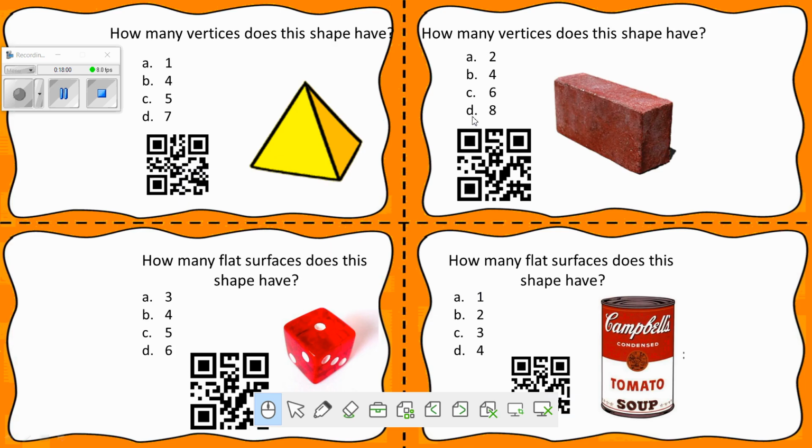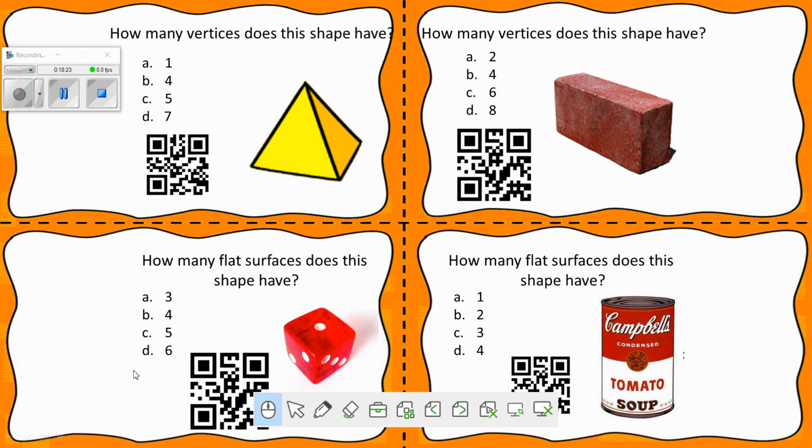Here. How many flat surfaces does this shape have? This shape is cube. How many faces in the cube? 6 faces, 12 edges, and 8 vertices.